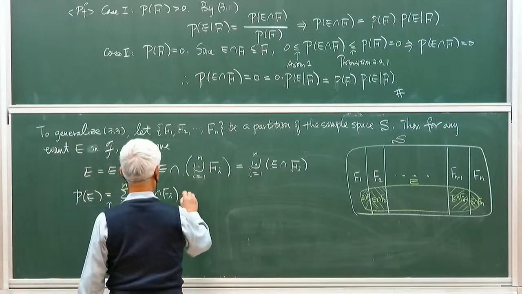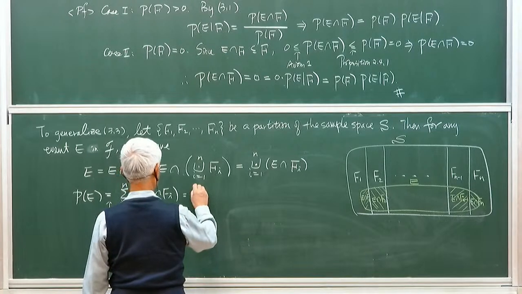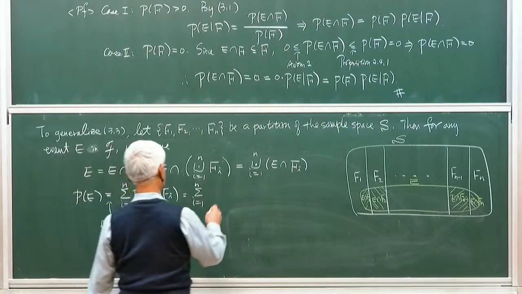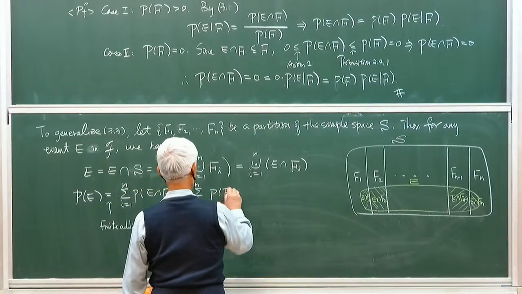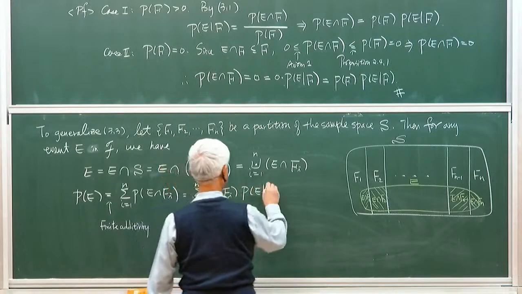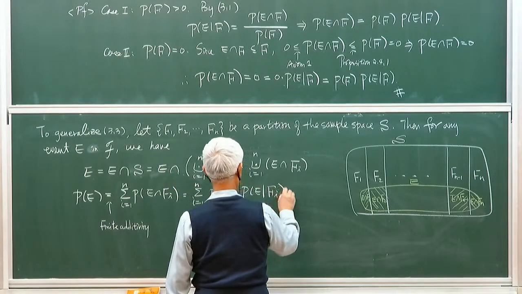Then by the simple multiplication rule, this is the sum of P of Fi times the conditional probability of event E given event Fi.